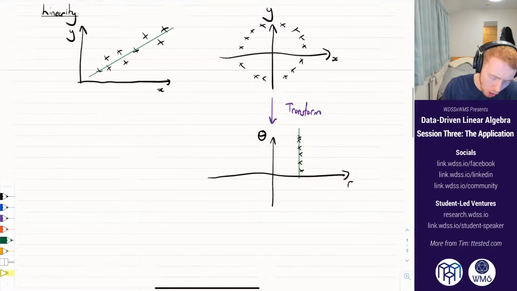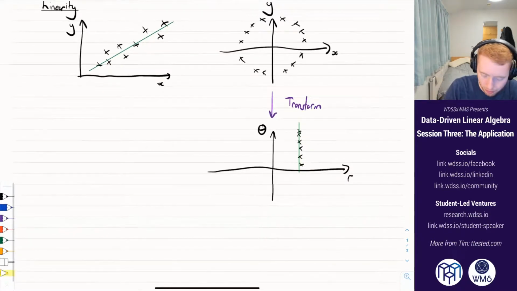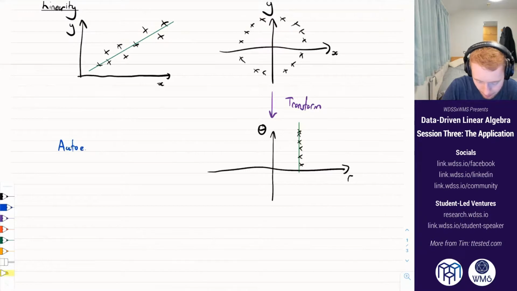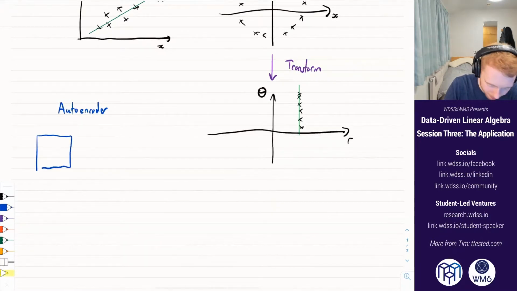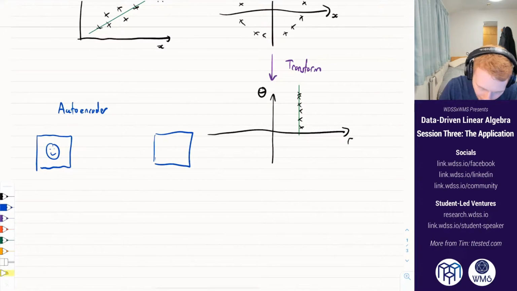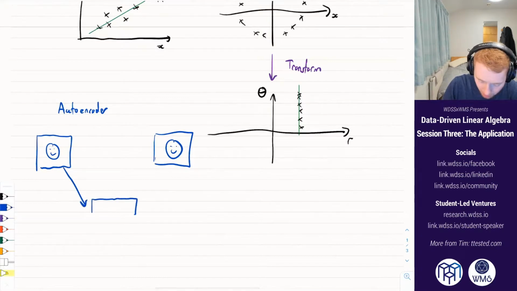And so one more complicated method that we could use is what is known as an autoencoder. The idea of an autoencoder is that it takes our images, say a face here and a face here, and it tries to take these down to a low-level representation, which we call a latent representation, and then builds them back up.